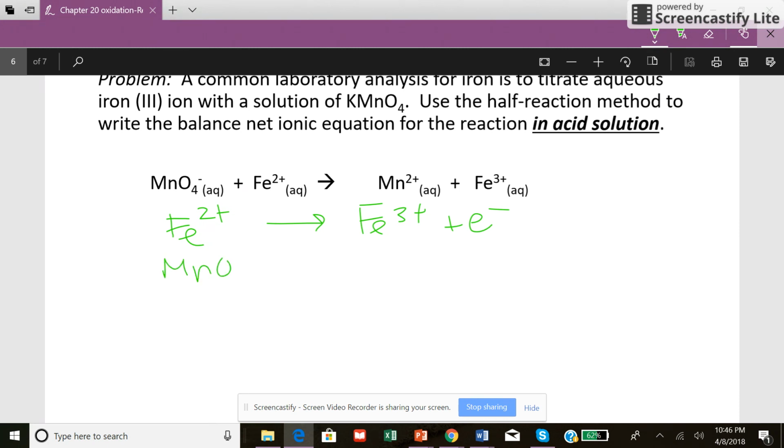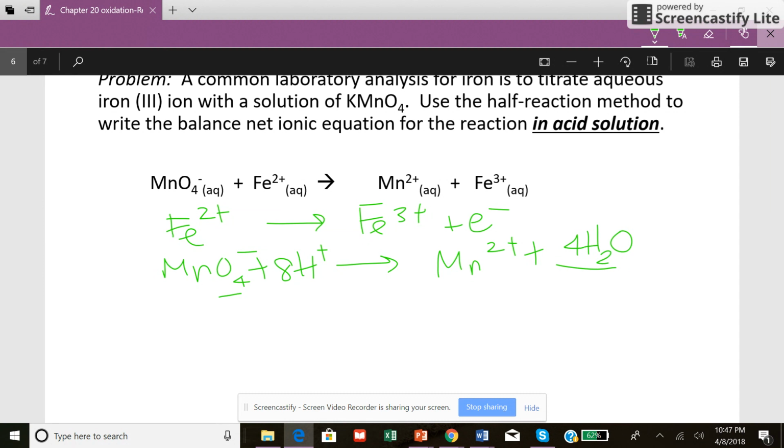So you have permanganate, and then it becomes Mn2 plus. There are 4 oxygens over here, so you have to add 4 water. Each water gives you 1 oxygen. So you have 8 hydrogens over here. You have none on this side. So you will add 8 H plus.